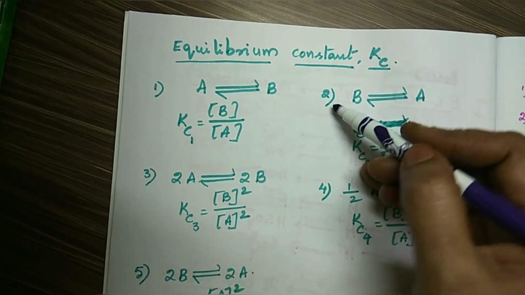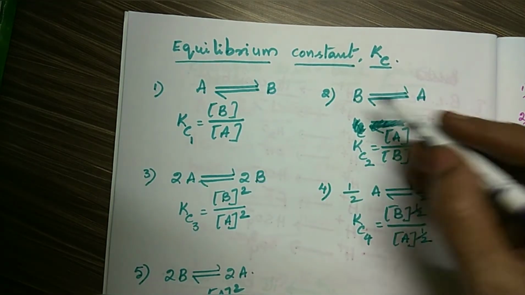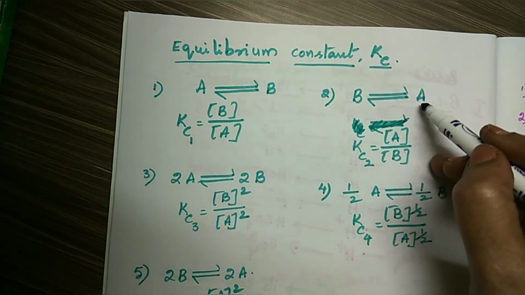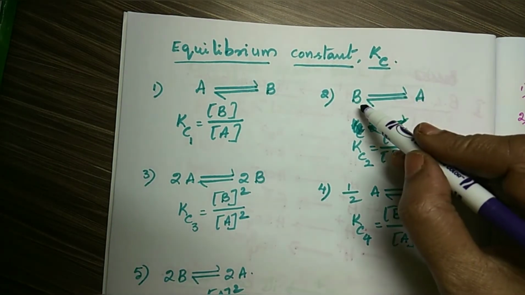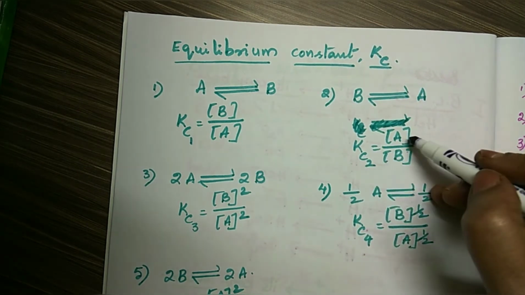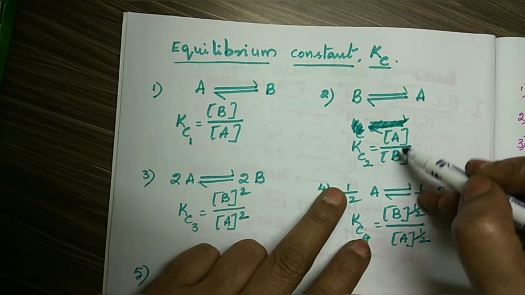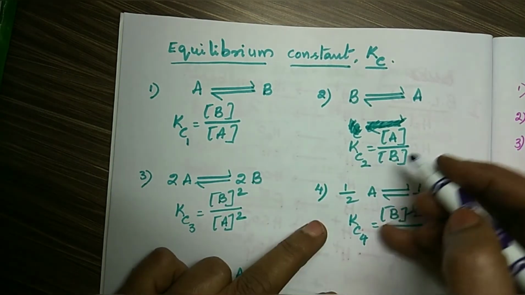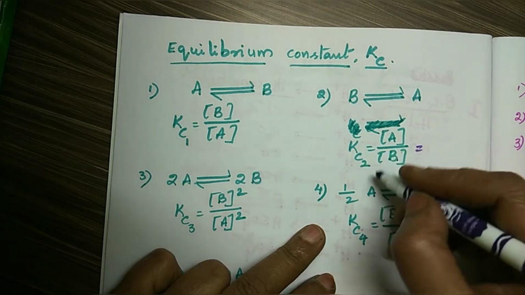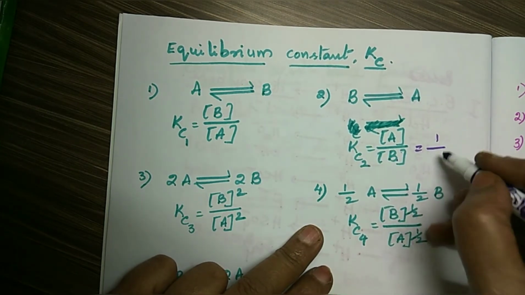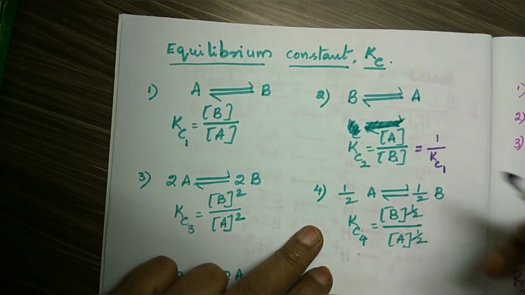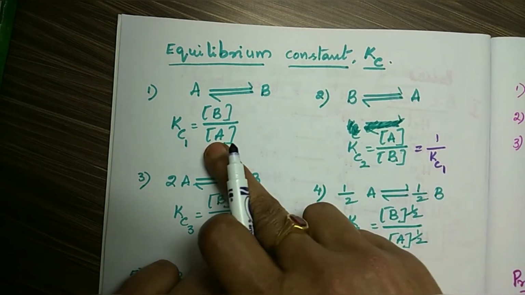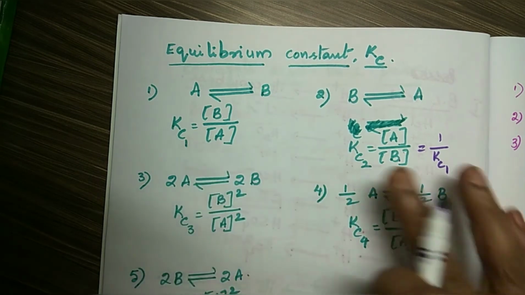The second equation is the reverse reaction of the first one, B giving A. For this reaction, the product is A and the reactant is B. So Kc2 is equal to A by B, which is nothing but the inverse of Kc1. So Kc2 is equal to 1 by Kc1. Right? This is the inverse. So we have to take the inverse of the first equilibrium constant.